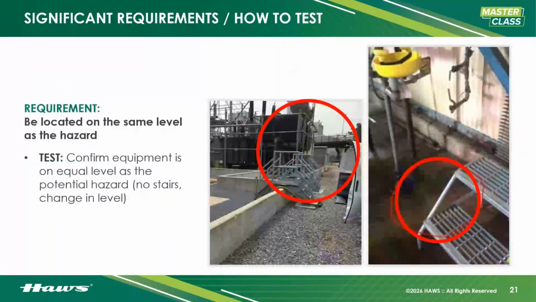Now, it also has to be located on the same level as a hazard. We can't have stairs, containment berms, and things of that nature between us and that life-saving equipment because, well, a couple things. One, we're panicking, okay? If there's nobody out there that's going to have a clear, perfectly calm persona about them when they've been exposed to caustic, corrosive, or otherwise hazardous irritants and things of that nature, you're going to freak out a little bit.